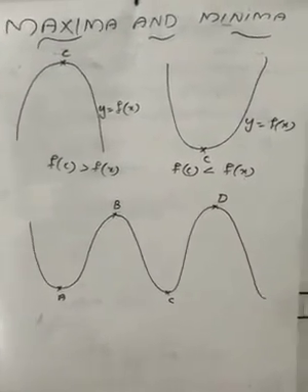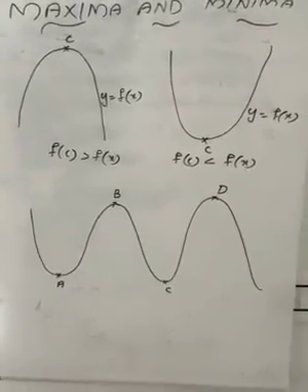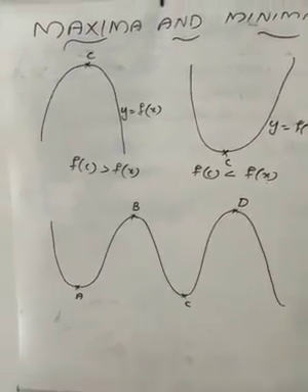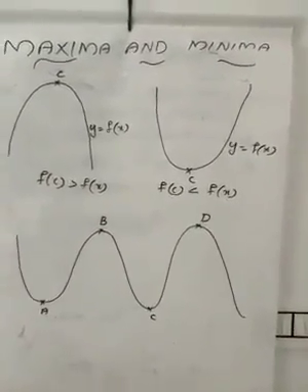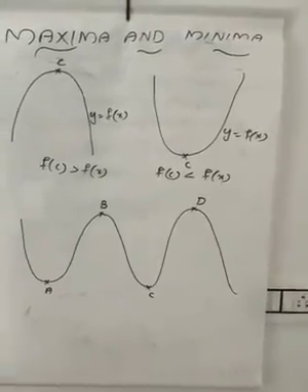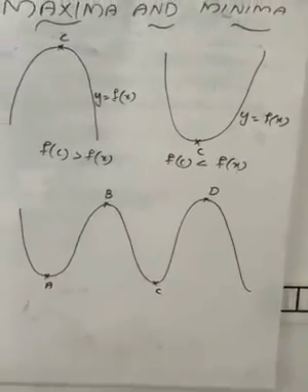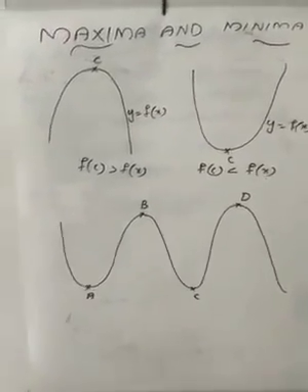And if the second order derivative is less than 0, or negative, then there exists a point of maxima, or the function attains its maximum value. In case the second order derivative is 0, the second order derivative test fails, and we have to use the first order derivative test.